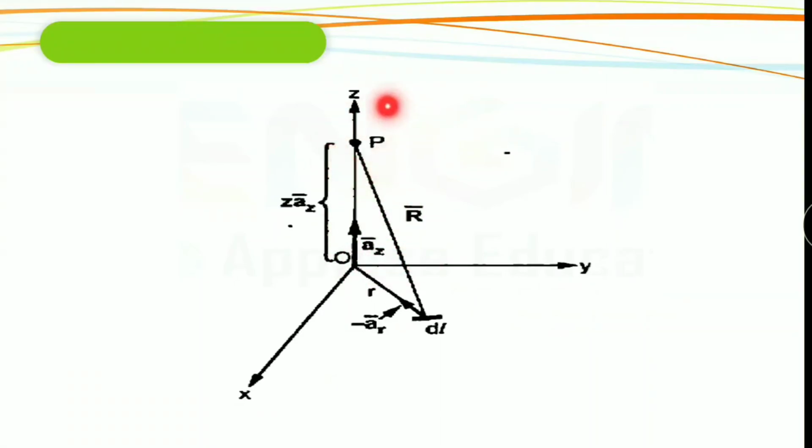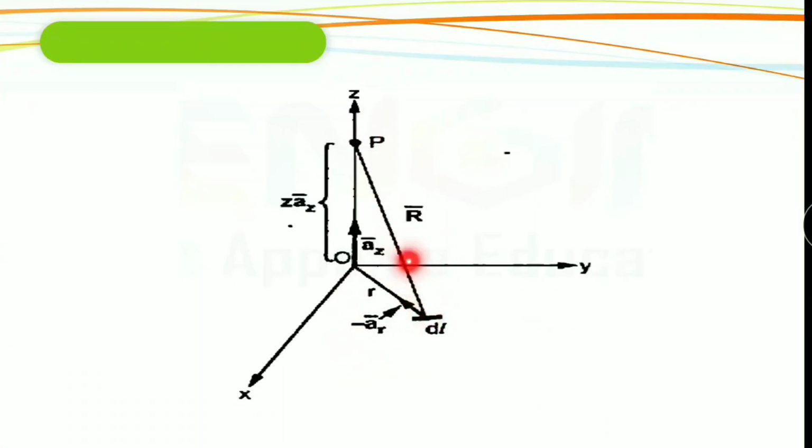Now P has a component only in z, that means 0, 0, z, and dl has components 0, r, 0. So the vector along z is z a z bar, and the vector along r is generally r a r bar, but its direction is opposite, so we have to use a negative sign here.